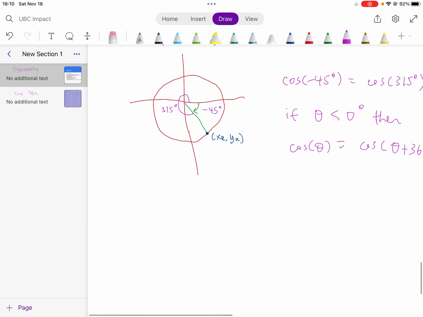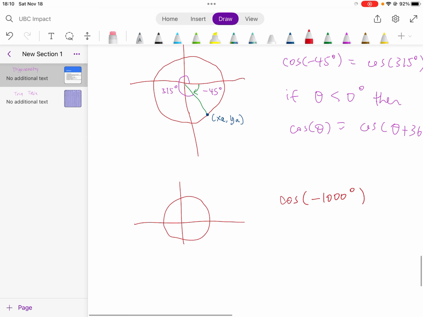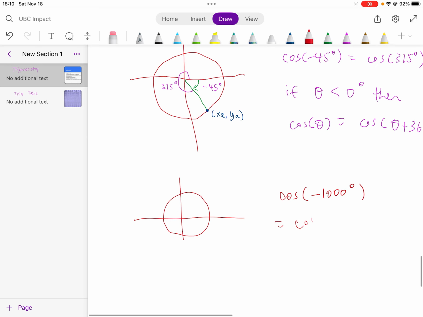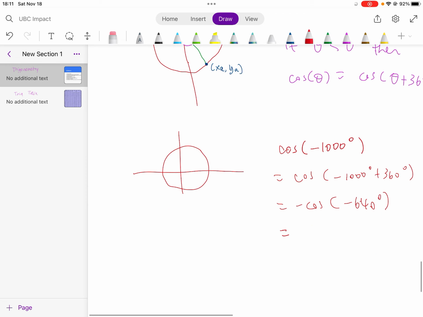So here's an example. Find the cosine of negative 1000 degrees. So it's less than 0, so we add 360. If you do that, you'll get negative 640 degrees. And it's less than 0, so we add 360.